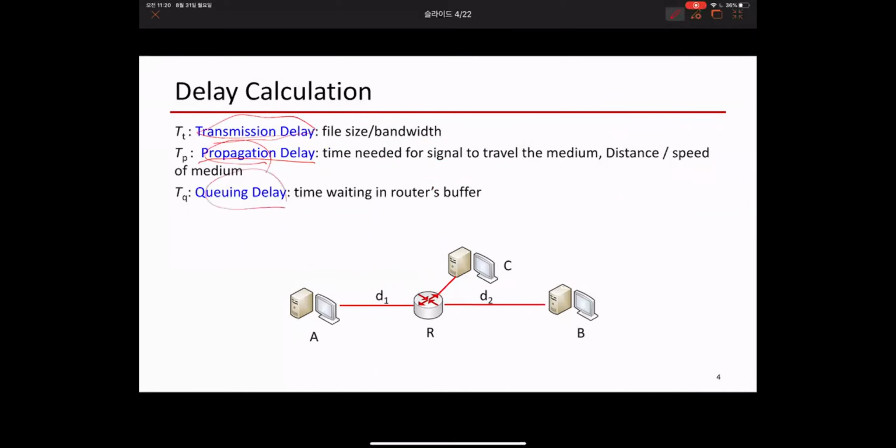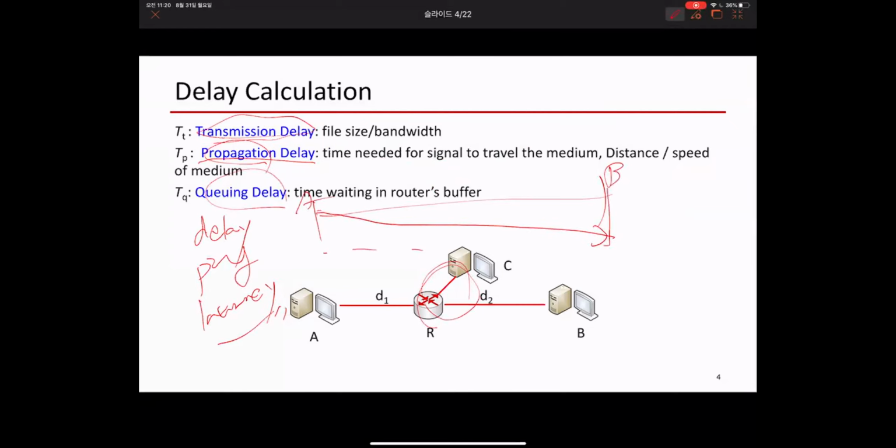And queuing delay: if I have some device in the middle, the packet must be received, digested and forwarded. That is the queuing delay. So what is a ping, and what is a latency? Latency is, okay, I sent my information from A to B, and that amount may be calculated as latency.